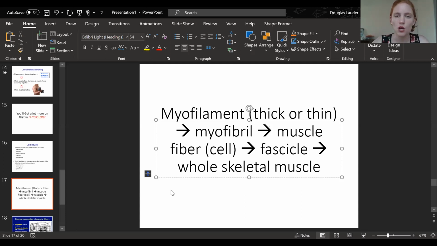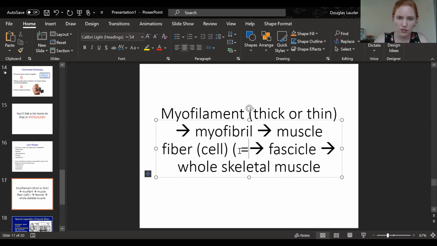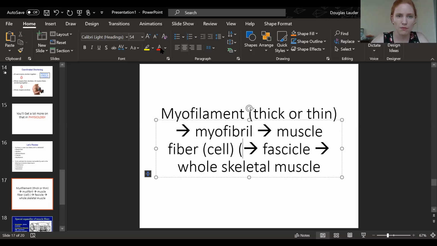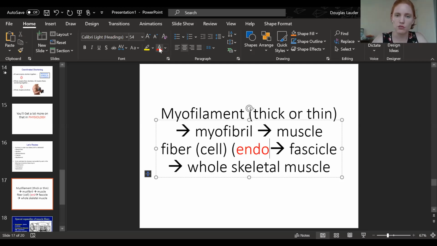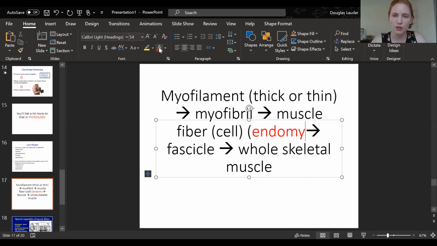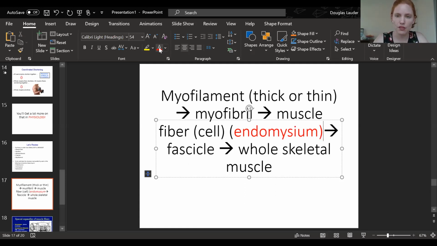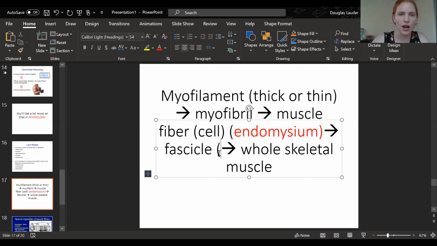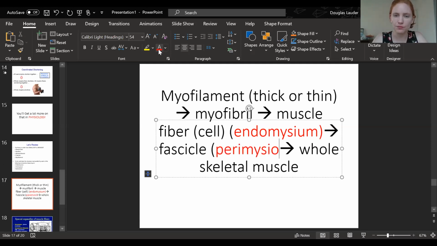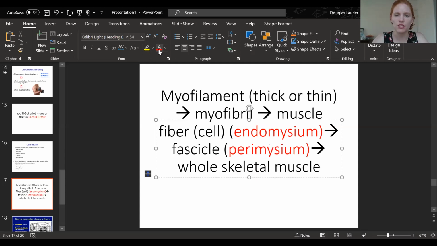Now, the other thing I was hoping you could do is think about where those connective tissue layers would be. The endomysium is going to be found right here. The endomysium surrounds one single muscle fiber. Then surrounding a whole fascicle, we have the perimysium. Peri means around a whole fascicle.